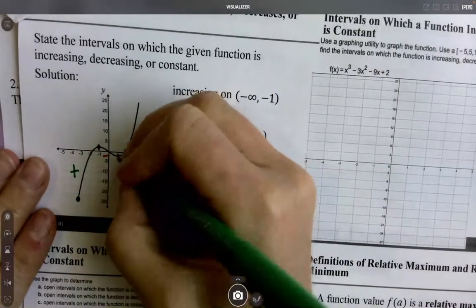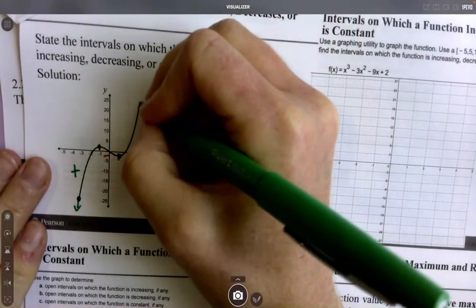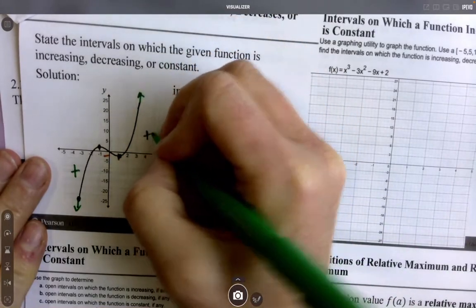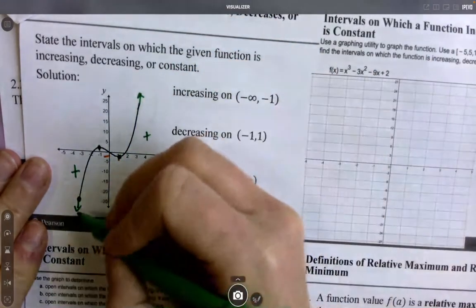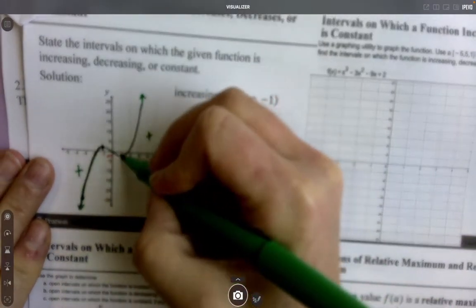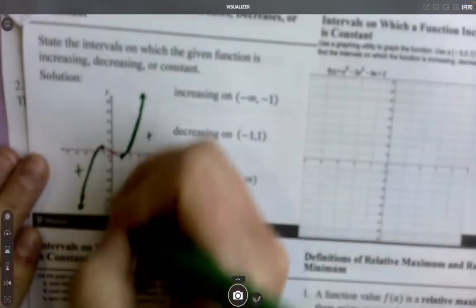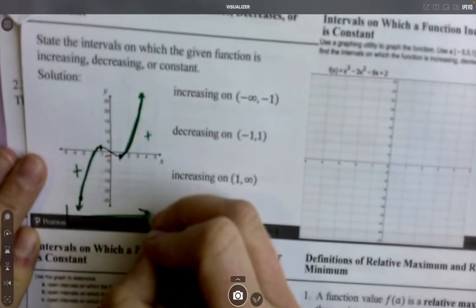Then from here going to infinity, it's increasing. So increase, increase. Those are both increasing. Remember, we're moving from left to right.